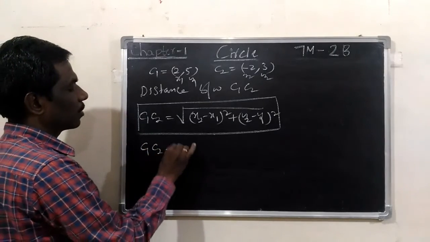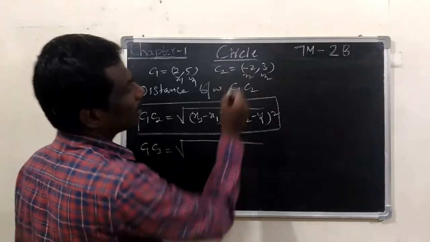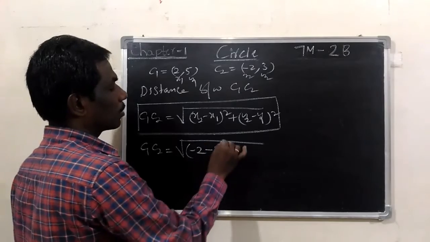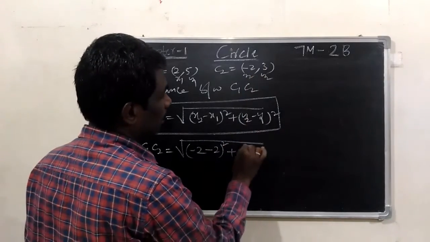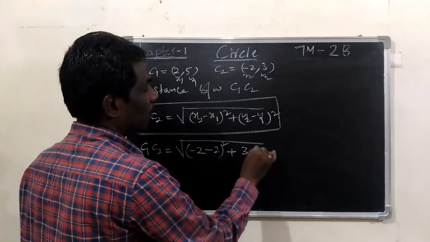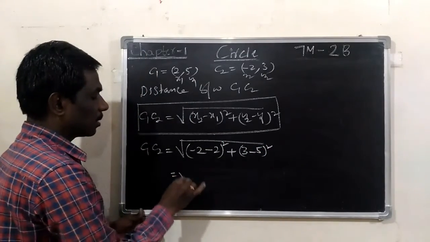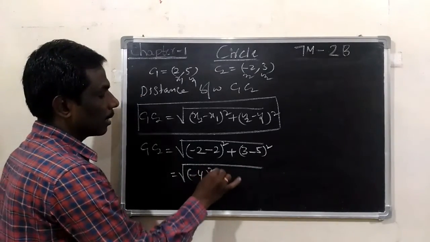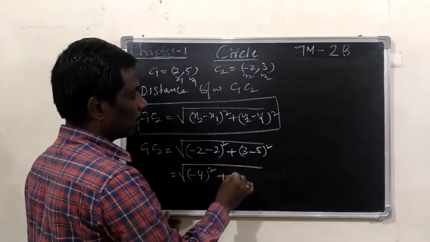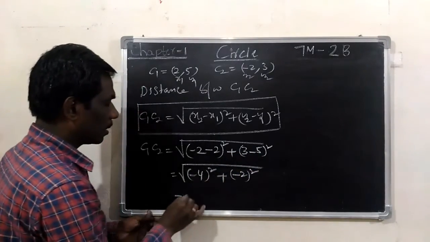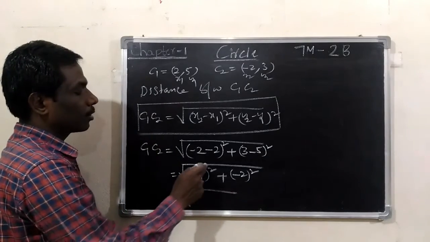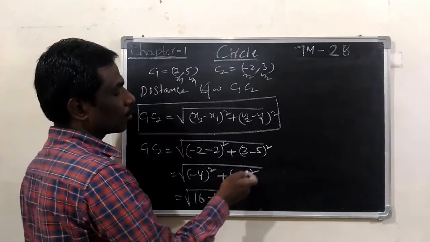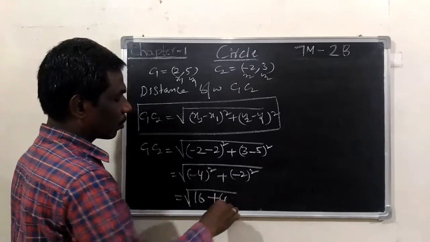C1C2 equals the square root of (x2, which is minus 2, minus x1, which is 2) whole squared plus (y2, which is 3, minus y1, which is 5) whole squared, equals the square root of (minus 4) whole squared plus (3 minus 5, which is minus 2) whole squared. Minus 4 squared is 16, and minus 2 squared is 4.